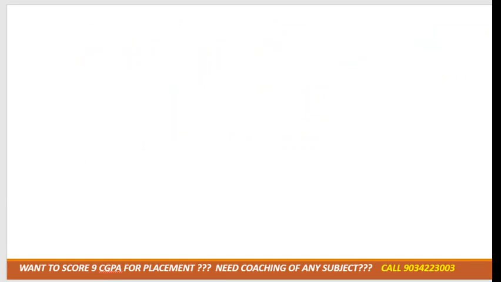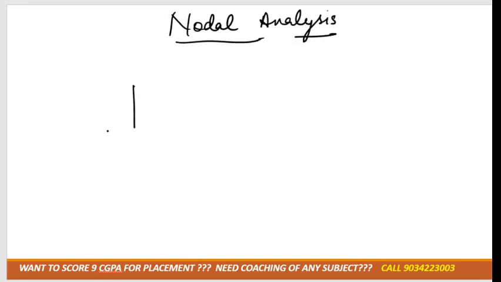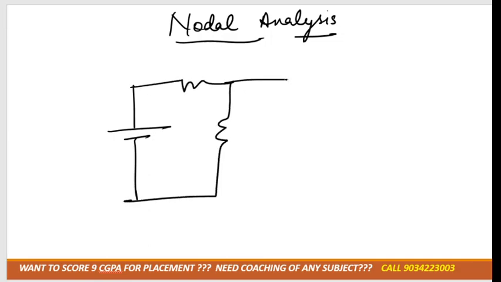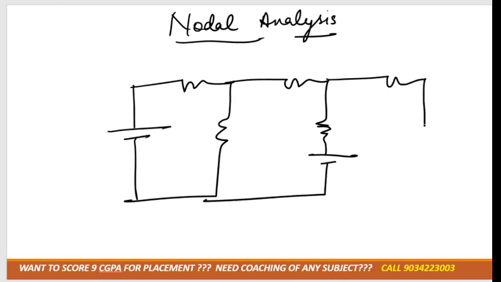Okay, clear? Now I am drawing the diagram that is based on the nodal analysis. First of all, we have to see how many nodes are present in the circuit diagram. Clear? Suppose this is the case.